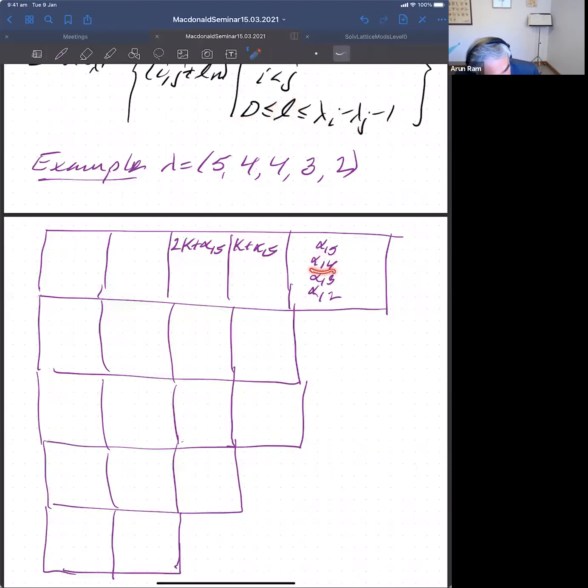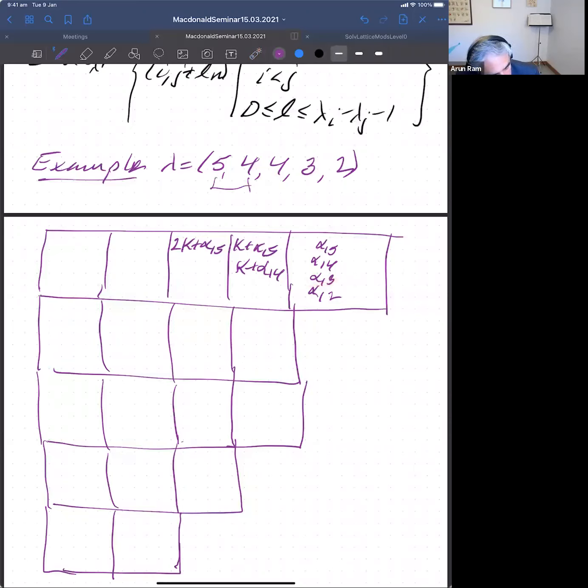And for 1, 4, the difference is 2, so I get 2 of these, alpha 1, 4 plus k. And for 3, the difference is 1, so I just get 1. And for 2, the difference is 1, so I just get 1.